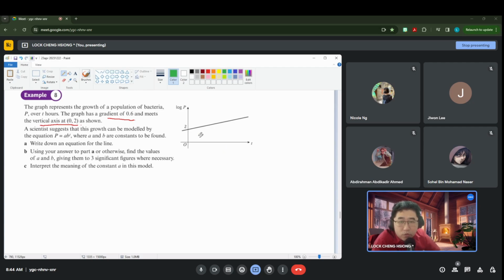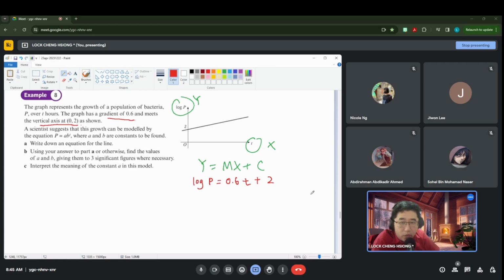Don't forget this is your capital Y, this is your capital X. So we can write it in the form of y equals mx plus c. Then only you fill in with the information, such as the y here is log p, the gradient 0.6, the x is t, the c is 2.